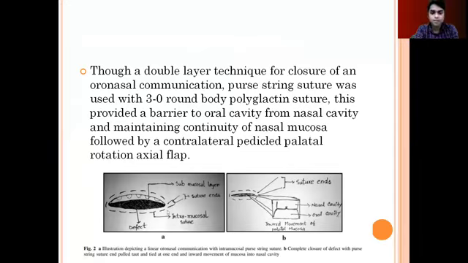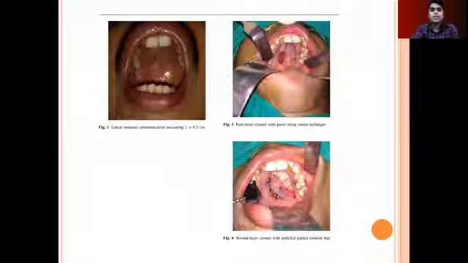In this image, you can see how this purse string suture was given by pulling the ends, tightening it, and closing the defect just like a purse. This is the image of an area where the purse string suture was used initially, and then the contralateral pedicled palatal flap was used.